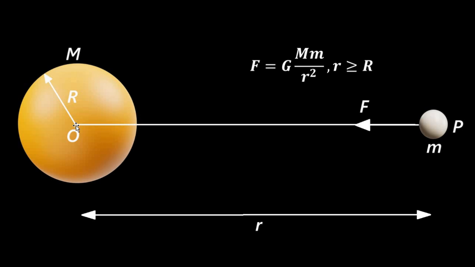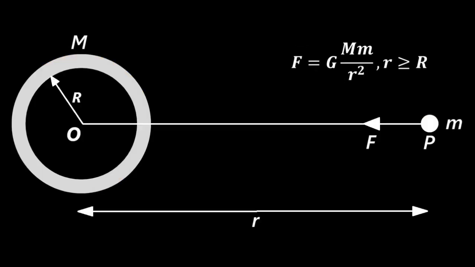It acts along the line joining the centers of the two objects, and it is applicable for point masses only. Point mass is a concept where it is visualized that the entire mass of the body is concentrated at a certain point. For spheres and shells, it is easy to visualize because the center of mass is at the center of the shell or the sphere. So this is the shell theorem for spherical shell and sphere.